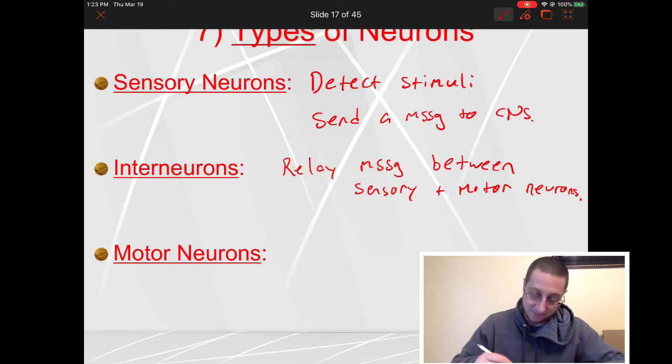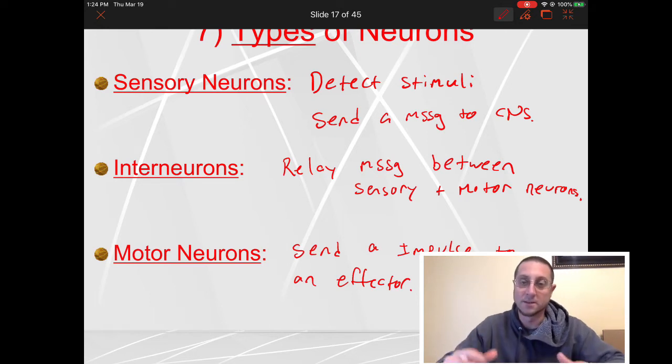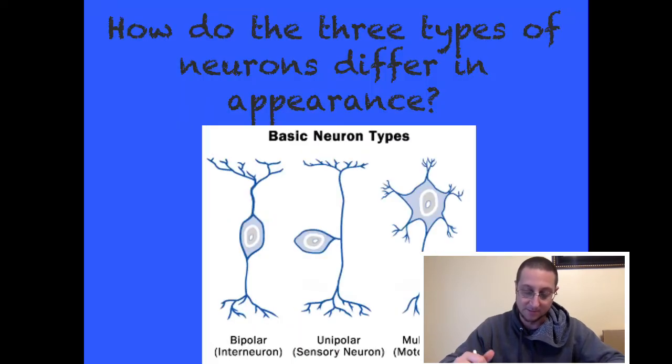And then lastly, the motor neuron is going to send a message, or an impulse, to an effector. In other words, the motor neuron is going to make the movement. Not a lot going on there. You could look those up and find the answers.